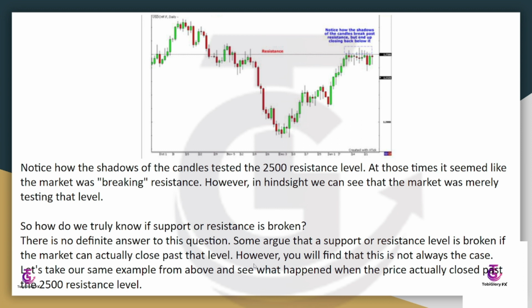They feel like if it broke past this level, that means it is broken. Meanwhile, it is not. Before we can consider it broken is when we have a breakout and retest with a candlestick confirmation. That's when we can consider, oh, this resistance has been broken.